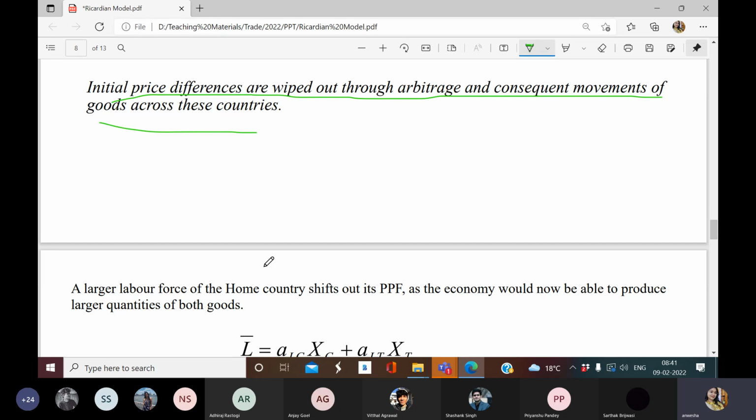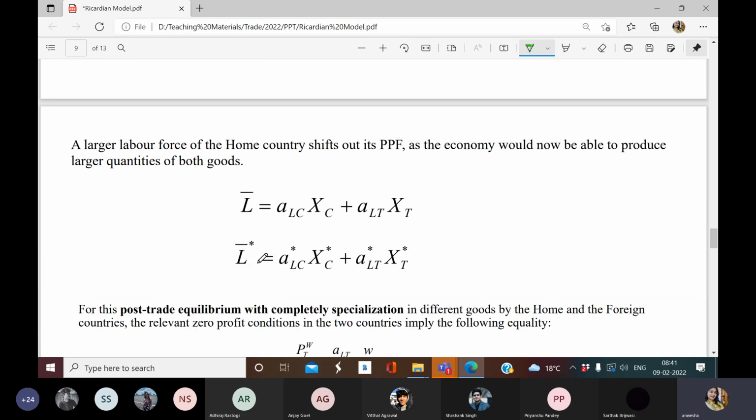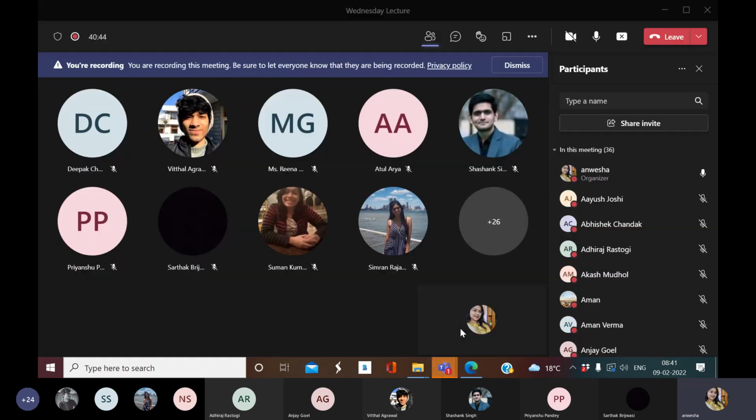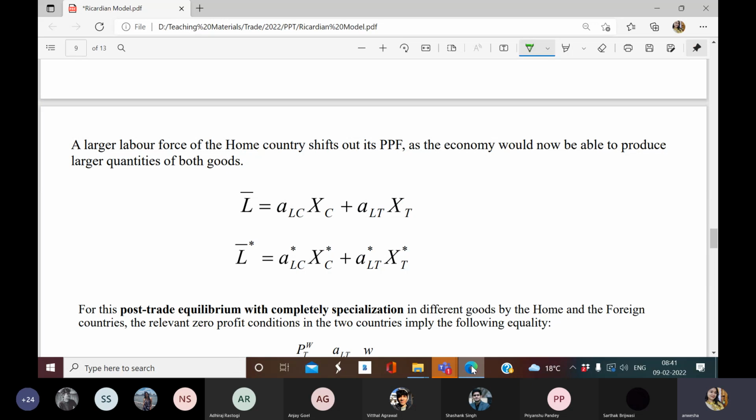So when post-trade price is equal, you get the final traded amount. Okay. In the before-trade situation, the prices are different, and that is the source of comparative advantage. But when trade opens up, there is no intervention by any third party, only the producers and consumers see the prices. So the domestic producer of textile sees that in the foreign country the price of textile is higher, so they will be motivated to produce more textile and sell it abroad.